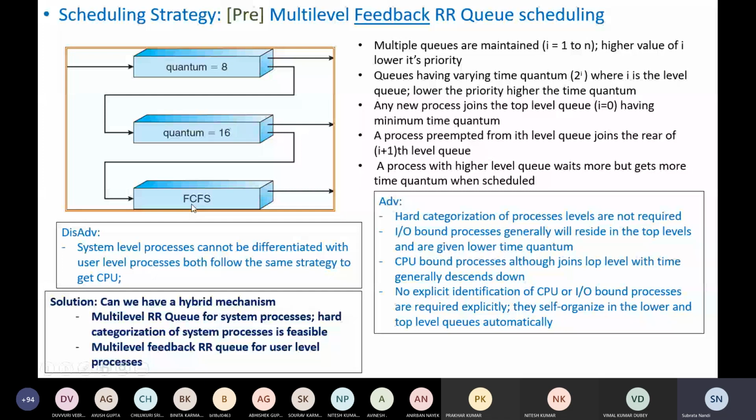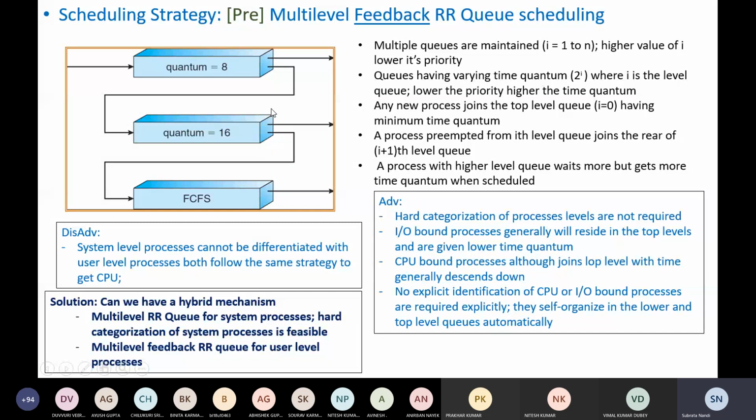If you do this, you don't even have to know the type of the processes, whether they are CPU bound, IO bound, or system processes. You give equal opportunity to all the processes to compete in the top level. And if they complete their execution, they will easily leave the system. If they don't, they will go down and down like this.